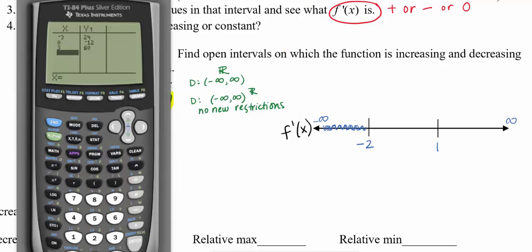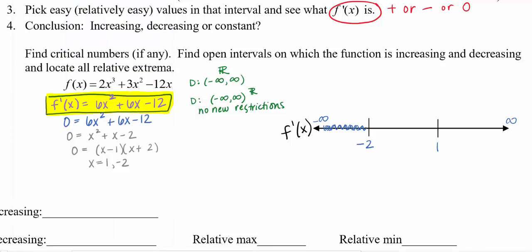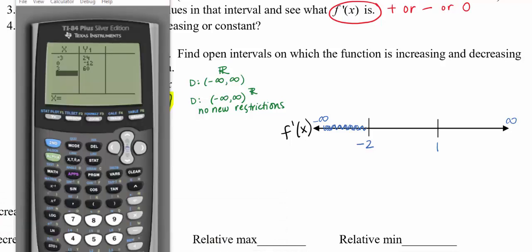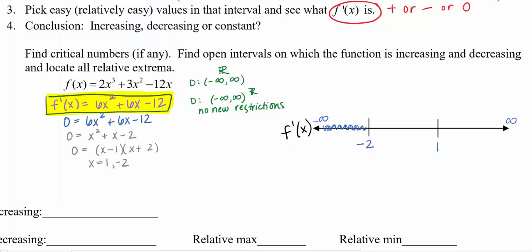I will say if I put in -3, I got positive. Then when I put in something in between, I got negative. So when I put in 0, and then when I put in something greater than 1, I did get a positive.